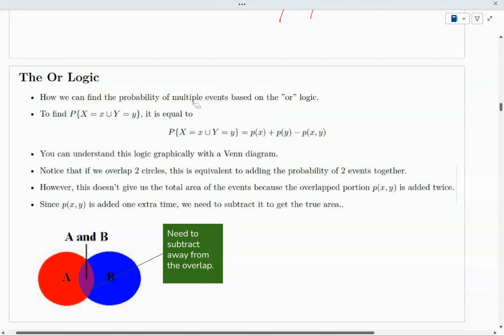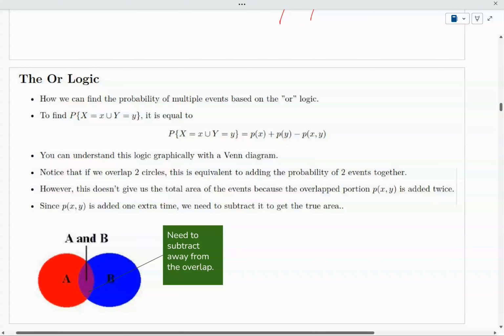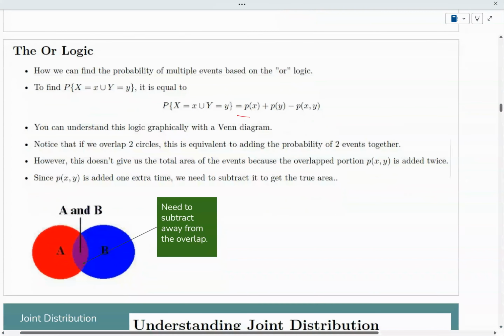If we want to find the probability of X happening or Y happening, this is equivalent to the probability of X happening plus the probability of Y happening minus the probability of X and Y happening. You can understand why this equation is the case through a Venn diagram.